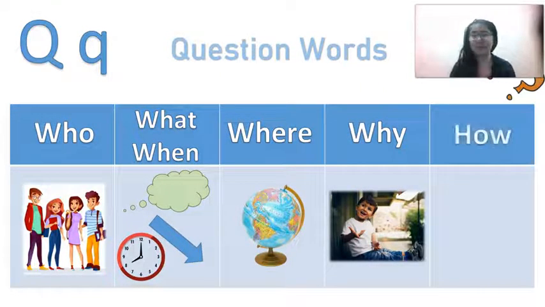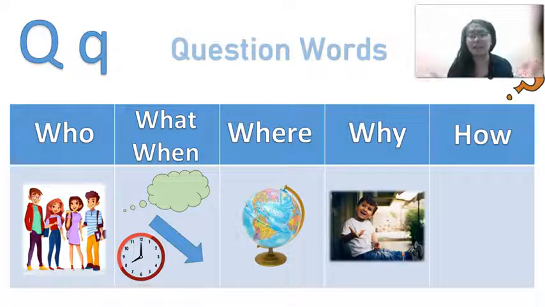So, and then lastly, we have how. How does this happen? Or, how do I get to the office? How do I get to work? How do I get to the nearest grocery store? So how is also asking for an explanation. It's asking for usually a process or a series of steps. First you do this, then you do that.